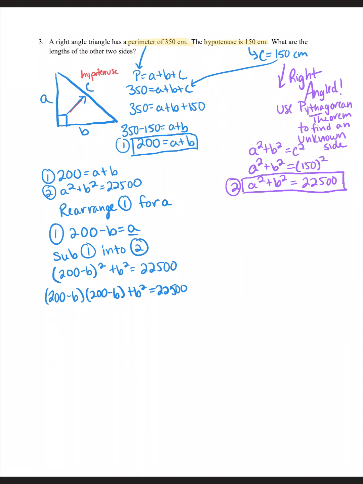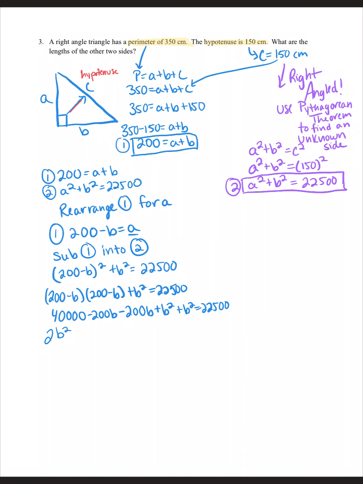So if I FOIL, we're going to get 40,000 minus 200B minus 200B. And then B times B is B squared. Okay, so I'm going to bring my B squareds to the front of the equation because we're used to putting those at the front in standard form. So B squared plus B squared is 2B squared.